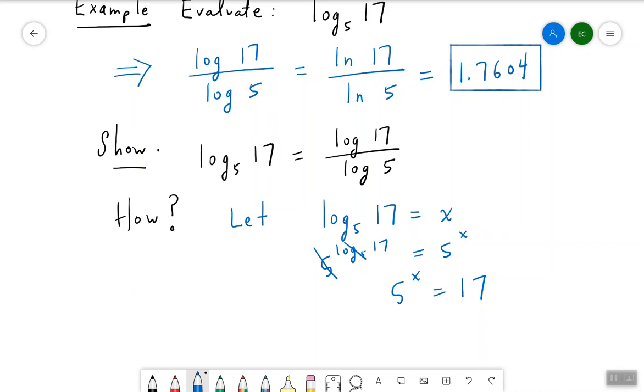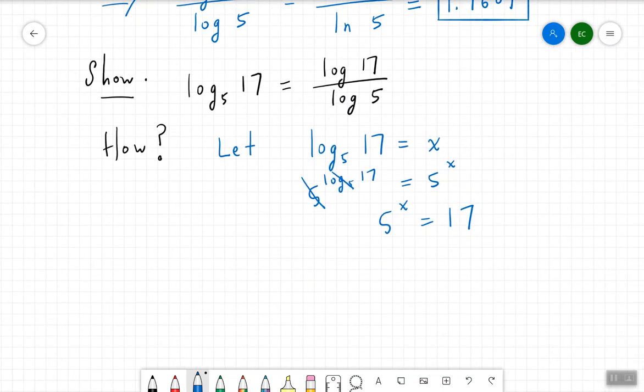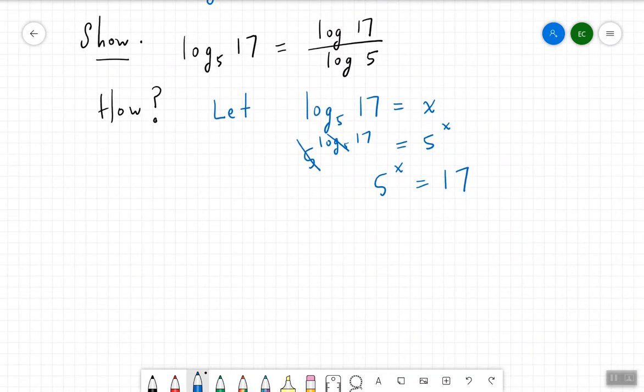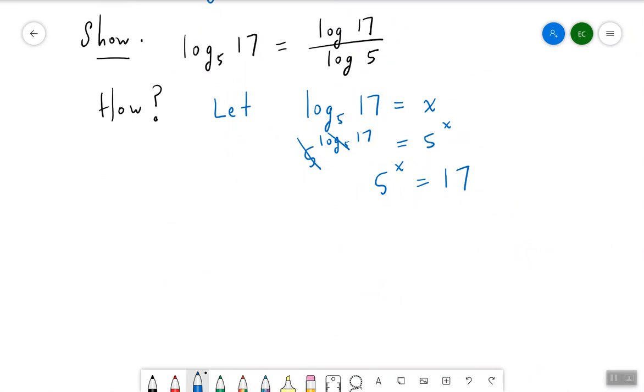So if we start out with log base 5 of 17 and we call that x, that's the same thing as 5 to the x equals 17. And so now what I'd like to do is take the common log of both sides. So I'm going to take the common log of 5 to the x and the common log of 17.